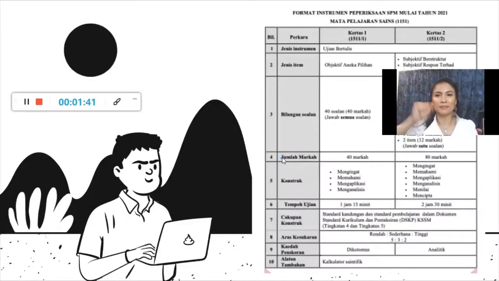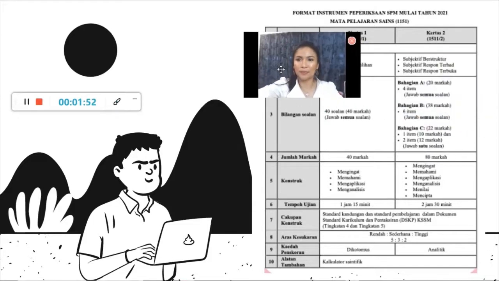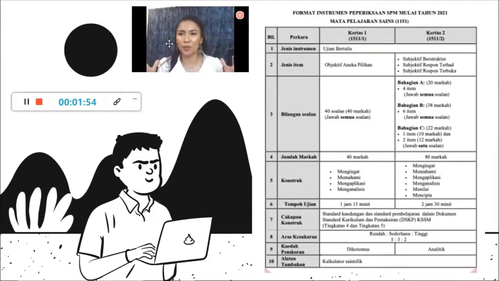What happened? First of all, very importantly, we must know the format. What's the format for this KSSM Science? The code number still remains the same, 1511.